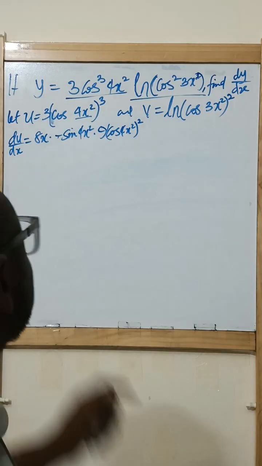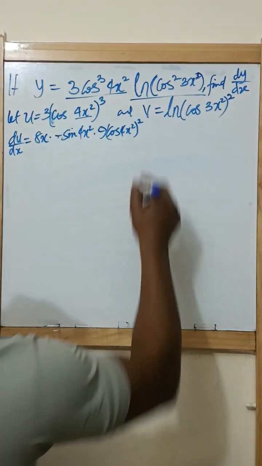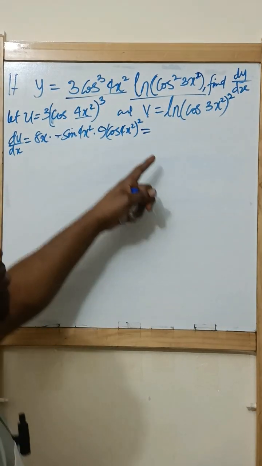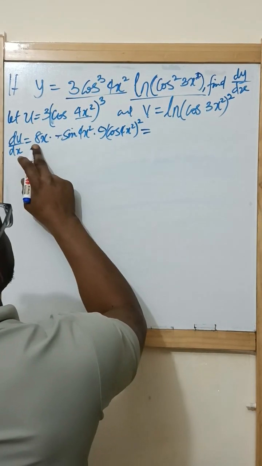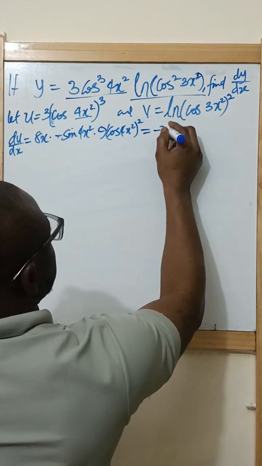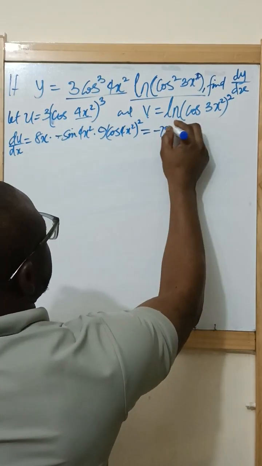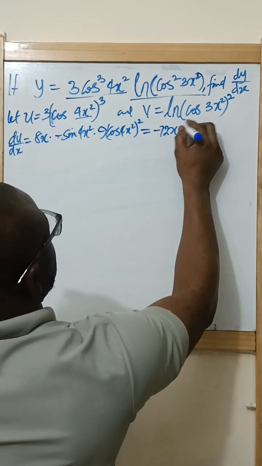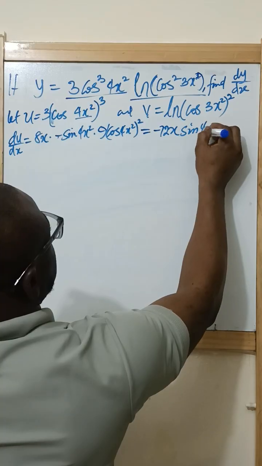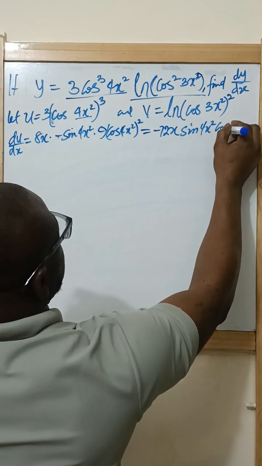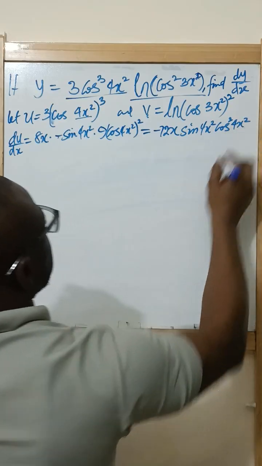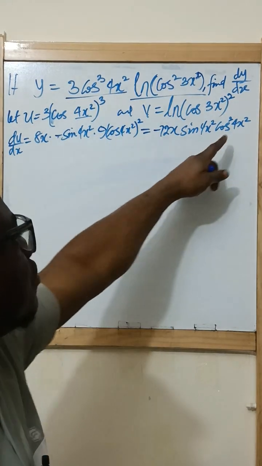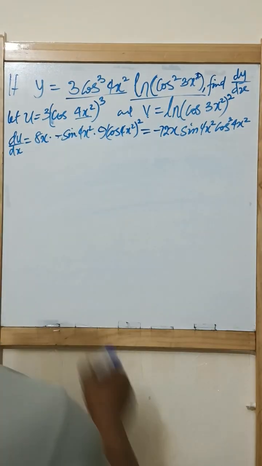Those are the three things we do there. Then we multiply everything out: 9 times 8 times minus 1, that's minus 72x, then sine 4x squared, then cos squared 4x squared. So the square will be there as well.